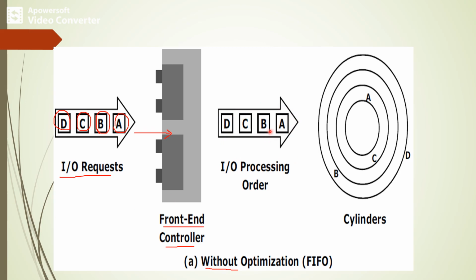Here I need to execute C after A. Initially I need to execute A. After that I need to execute C. After that I need to execute B. After that I need to execute D. So I need to execute command C immediately after command A. Now I have to modify the order. The new order is A, C, B, D.